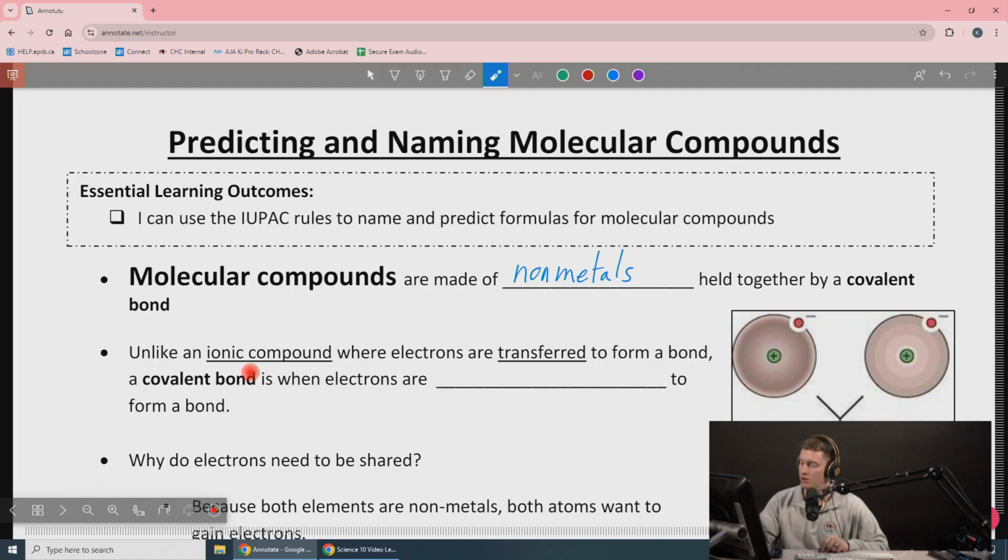Unlike an ionic compound where electrons are transferred to form a bond, a covalent bond is where electrons are shared between atoms to form a bond.